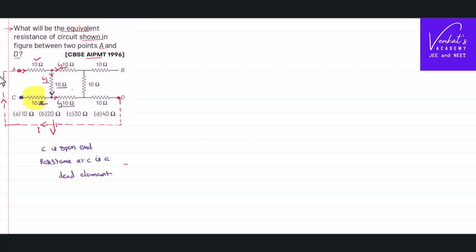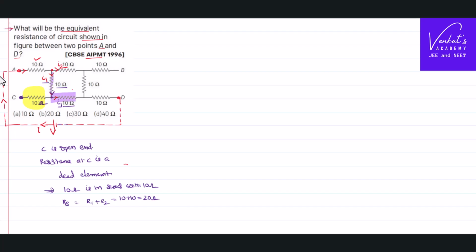When the current is the same, they are in series. That implies 10 ohms is in series with 10 ohms. R series is R1 plus R2, that is 10 plus 10, that is 20 ohms. That is what we have for this part of the circuit.